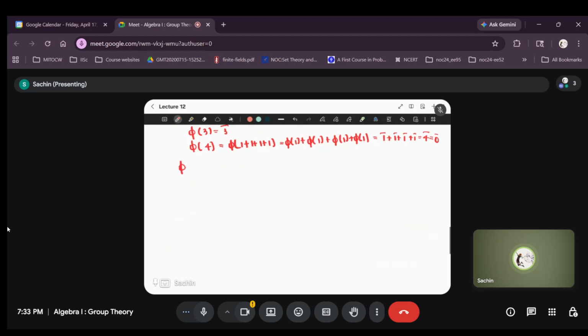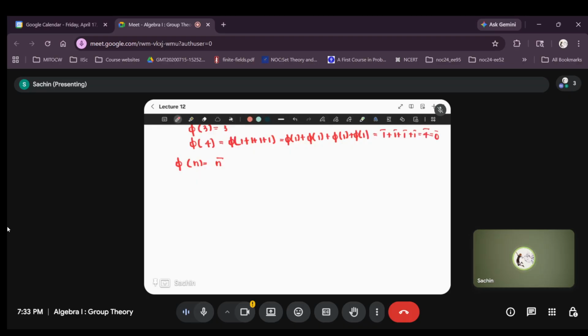So for any n, we can show, for negative numbers also, phi of n will simply be equal to n bar. That's the only ring homomorphism from Z to Z mod nZ. So this works for other rings also, for any Z mod nZ.